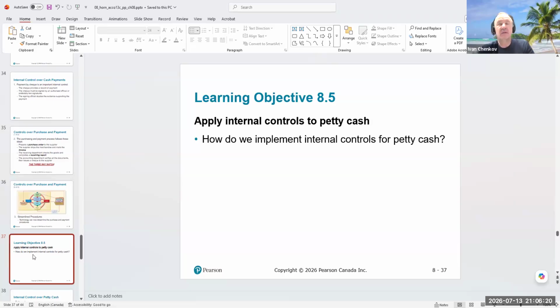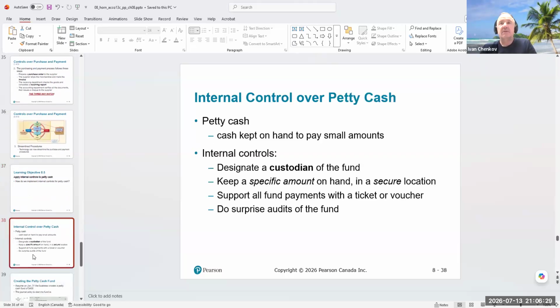The last thing we're dealing with regarding cash is petty cash. What is petty cash? Every company has normal day-to-day needs, for example somebody comes in and the company provides coffee, milk, or cream.